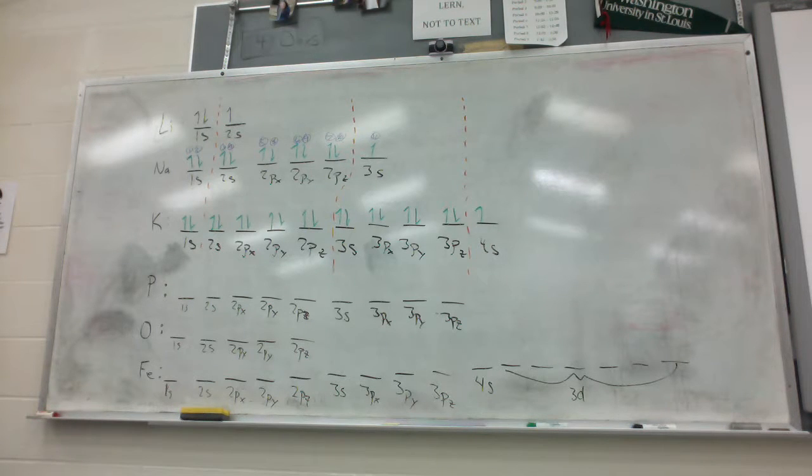I know I'm going to need through a pz. That's how I think. For example, phosphorus. 3p: px, py, pz. Iron. You're getting into the D's, right? Well, there's 5 d orbitals, 1, 2, 3, 4, 5. So I'm going to need all 5 of the d orbitals.